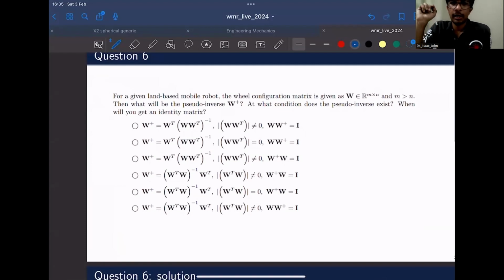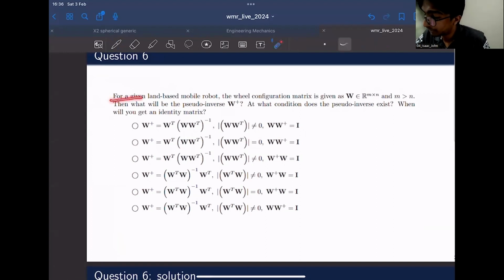Okay, so another question on similar lines. It says for a given land-based mobile robot, the wheel configuration matrix is given as W, and M is greater than N. So W is a wheel configuration matrix of the order M cross N. If M is greater than N, we have seen in the previous slides that this is going to be an overspecified system.